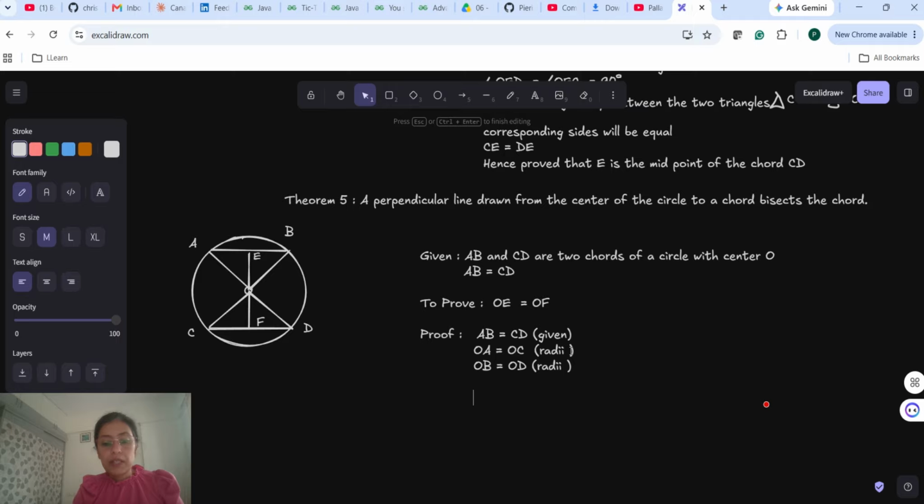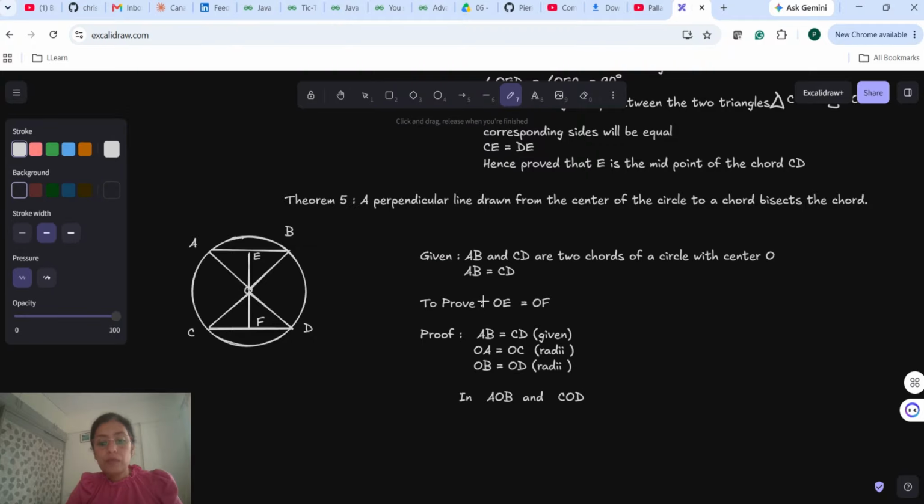So this means in triangles AOB and COD. What are AOB and COD? These are two triangles that we are considering.